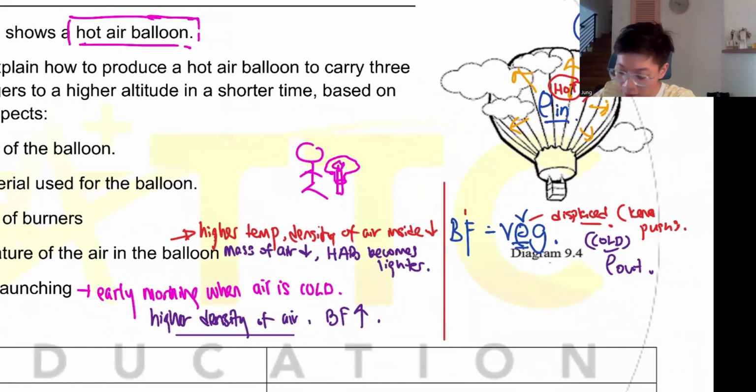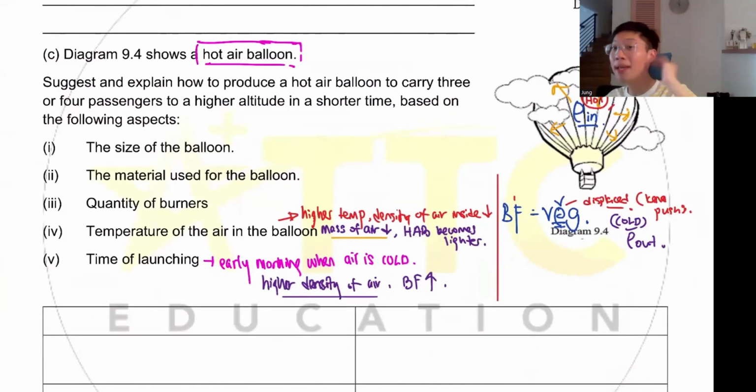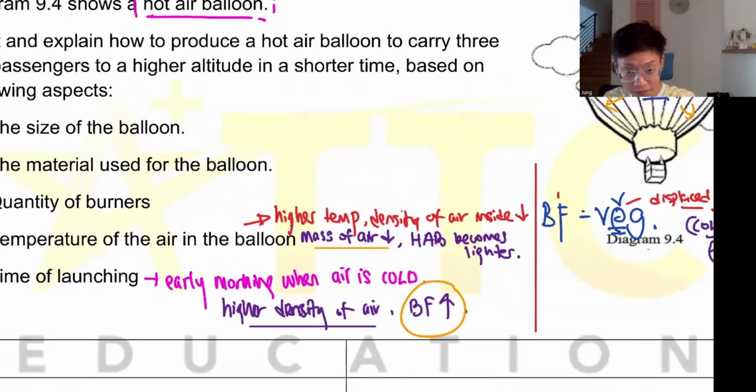One of the main problems why you cannot make a homemade hot air balloon is that you need to make sure the inside is very hot so that it becomes very light. Remember, hot air makes the balloon lighter. Cold air makes the buoyant force larger. So it's a different factor.